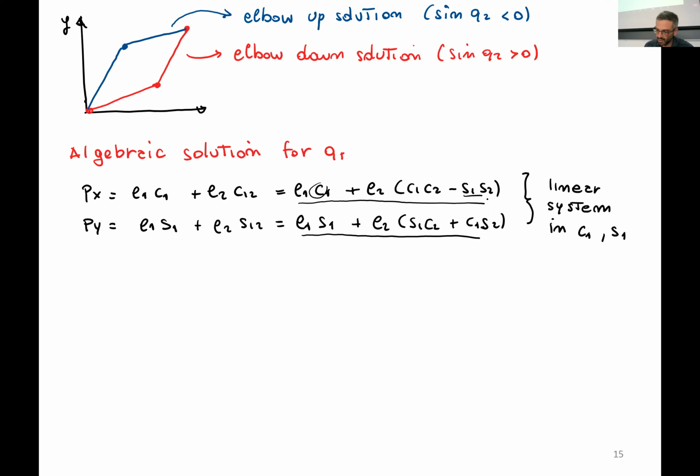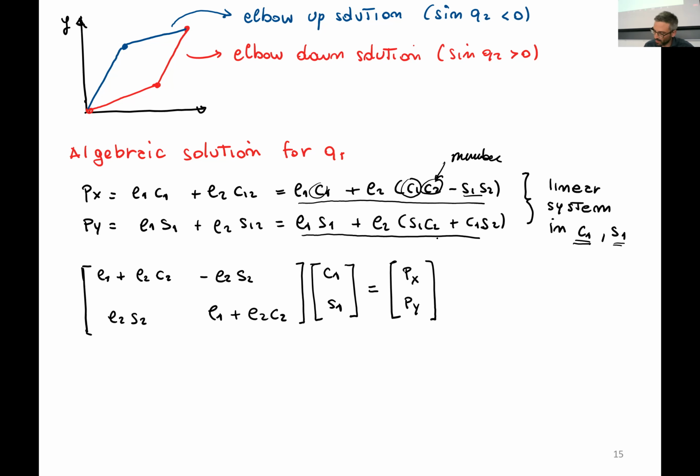But if we consider as variables the cosine of Q1 and the sine of Q1 itself, because Q2 now is a number we computed before, so we know this number, the system is linear. And as a linear system, we know how to solve it.